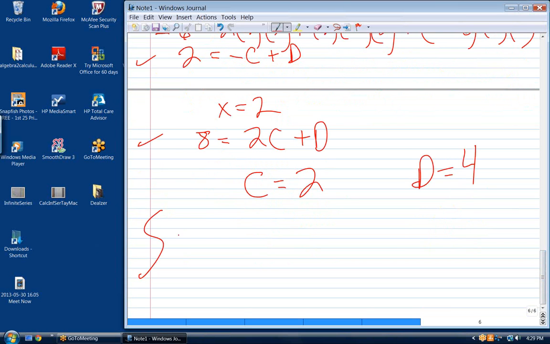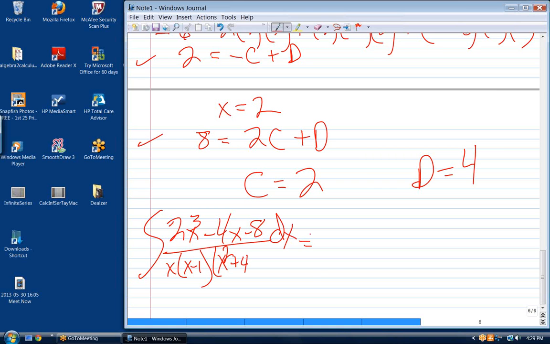So we end up with the integral of A, which was 2, over x, minus, because B was minus 2, that second term is a minus over x minus 1, plus C was 2, so 2x.